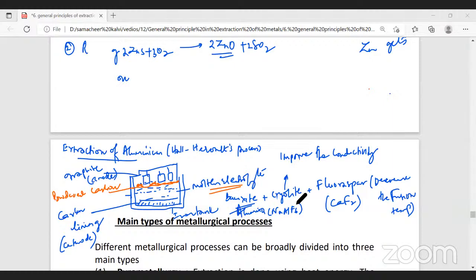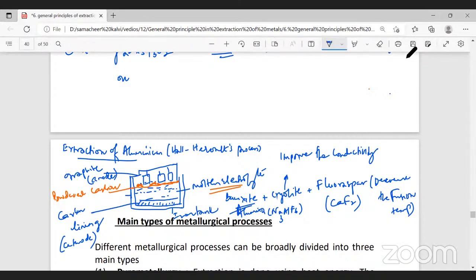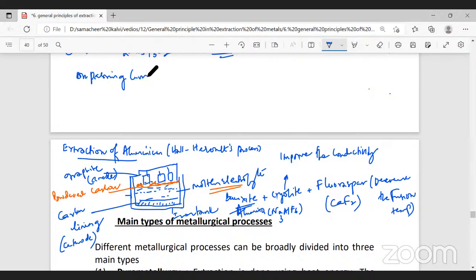So this is Na3AlF6, sodium aluminum fluoride. That's cryolite, which increases the conductivity. Now, on passing current, electrolysis will take place.